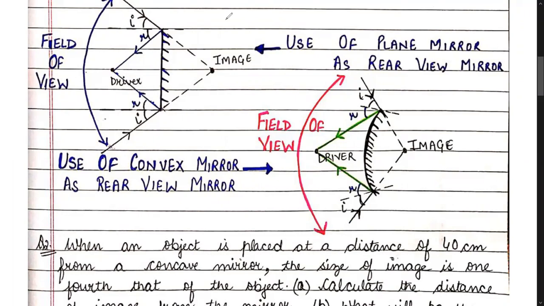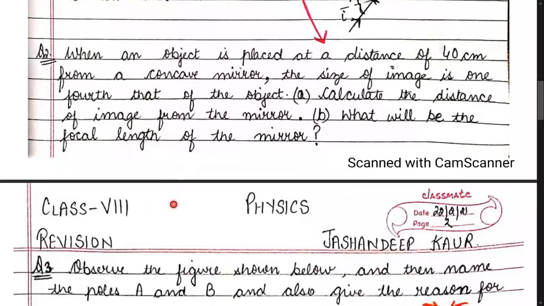So children, when you are doing this question, whenever you are answering this question, make sure you draw the diagram also in this way and label all the angles and write down normal, and then you explain by giving the reason here. So coming to the next question, when an object is placed at a distance of 40 centimeter from a concave mirror, first of all, write down what is given. So u is minus 40 centimeter.